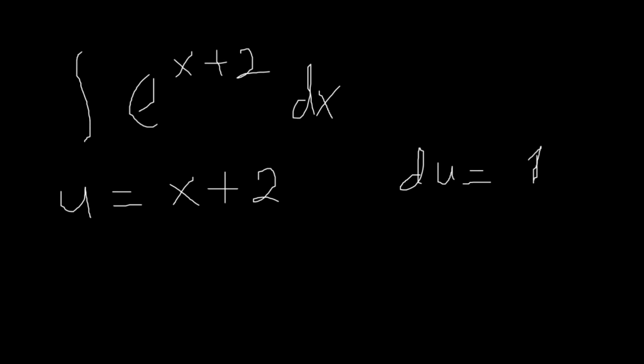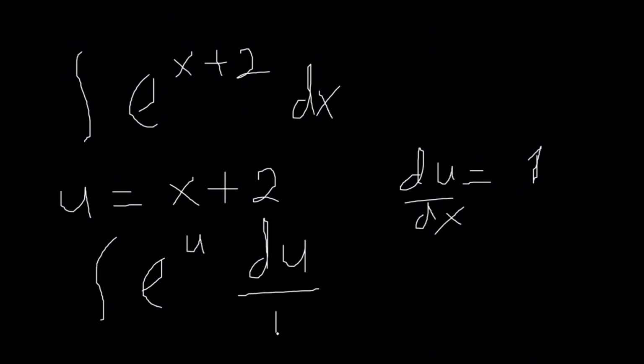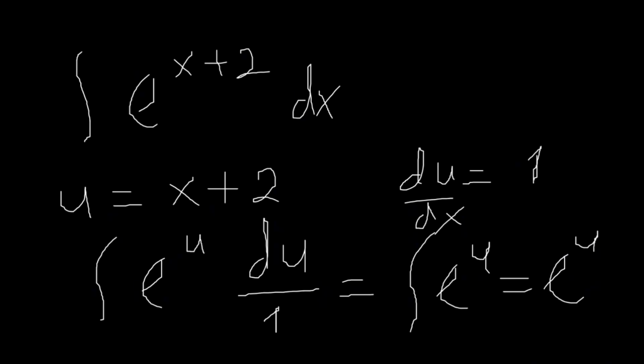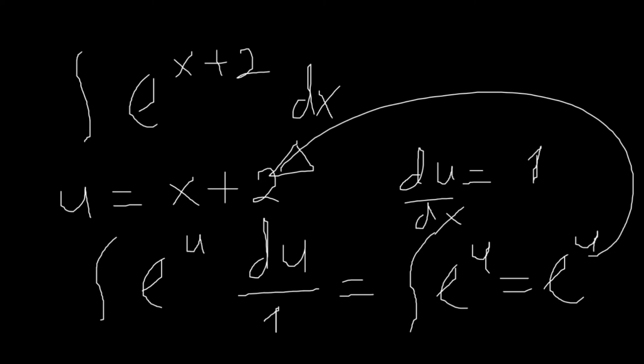Okay, therefore our integral will be the integral of e to the u, since this is u. Our dx is du all over 1. That will be equal to the integral of e to the u, which equals e to the u. And you just have to substitute our u back in the equation. Our u is x plus 2. Hence you have e to the x plus 2.